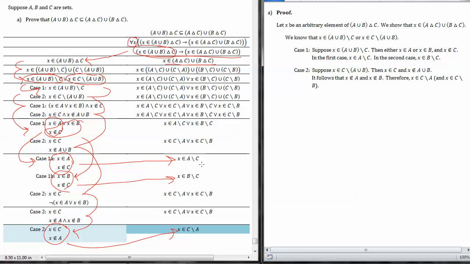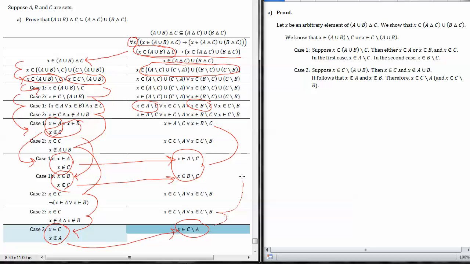And the way that happened over in our table here was, well, that came from that, and these were a couple of the possibilities in this huge disjunction here, and at some point that was written in terms of a union, right, all the way up here, which was a definition for this set involving symmetric differences, which we said we were actually going to prove X belongs to. And same deal with X in C minus A.